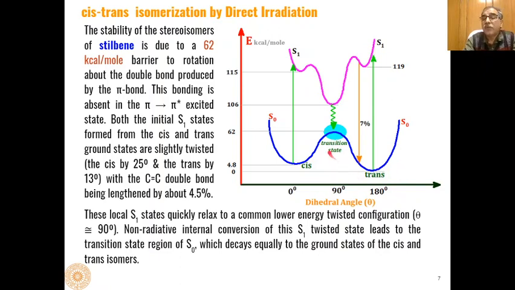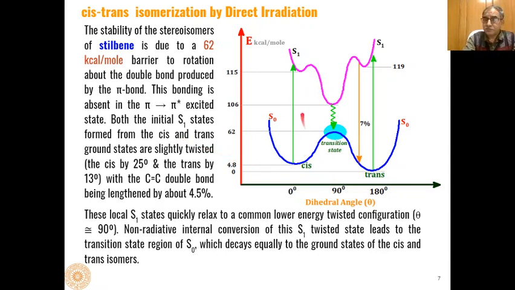So when the electron is excited from the ground state to the first excited state, there is a barrier for rotation, that is, 62 kilocalories per mole of energy is required for conversion of cis into trans or trans into cis.